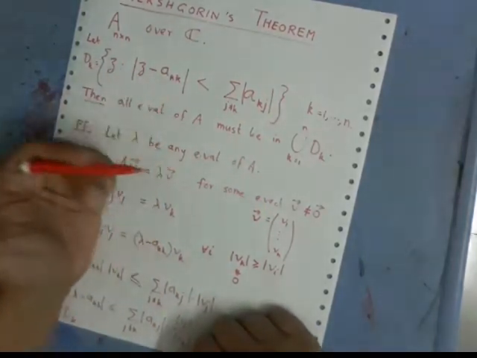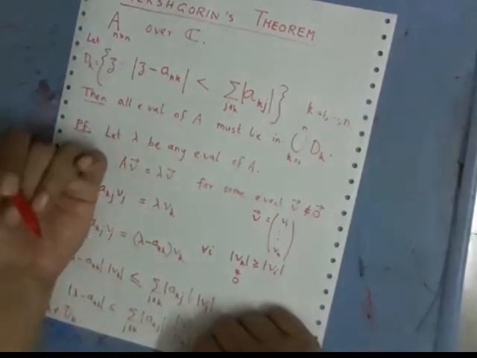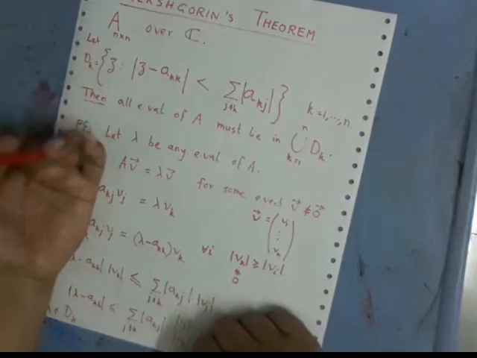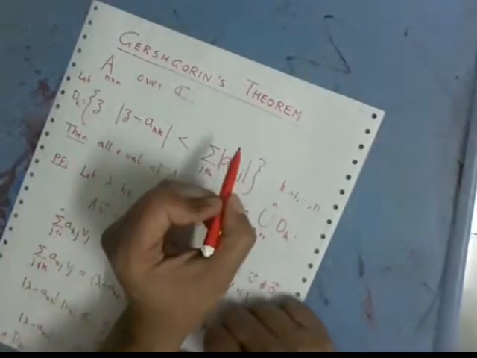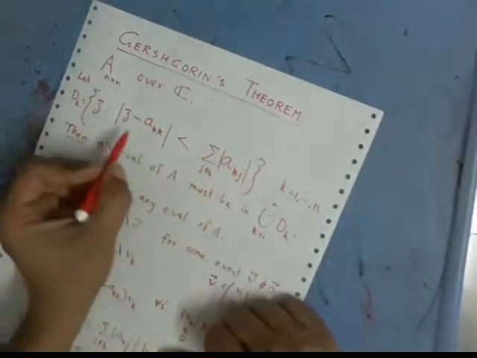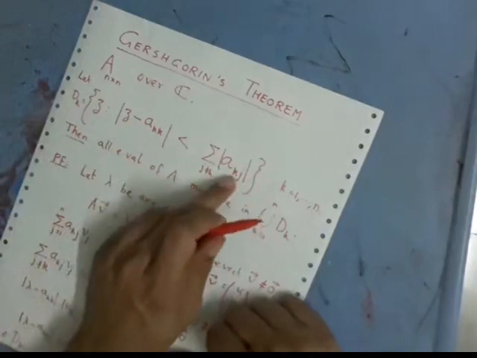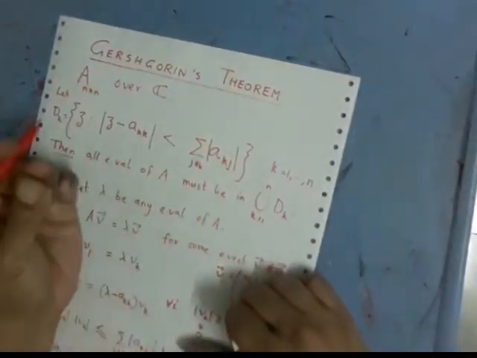In fact, most standard software will give the output of Jacobi's algorithm in terms of this radius. Instead of saying that the diagonal entries are the eigenvalues, they will say diagonal entry plus minus this quantity. So they will even give a precision measure.